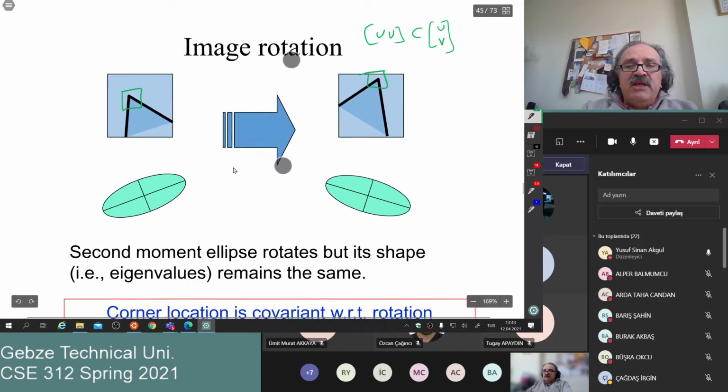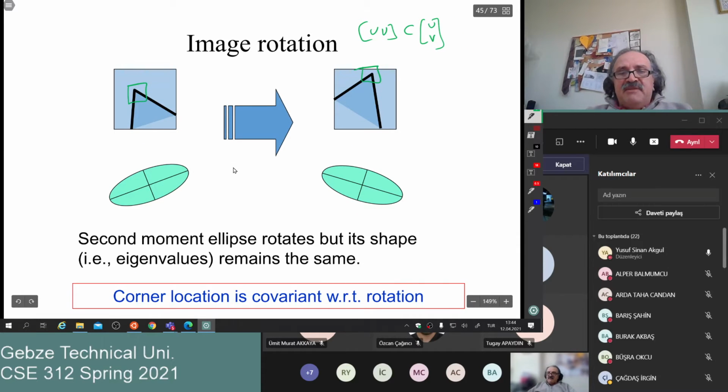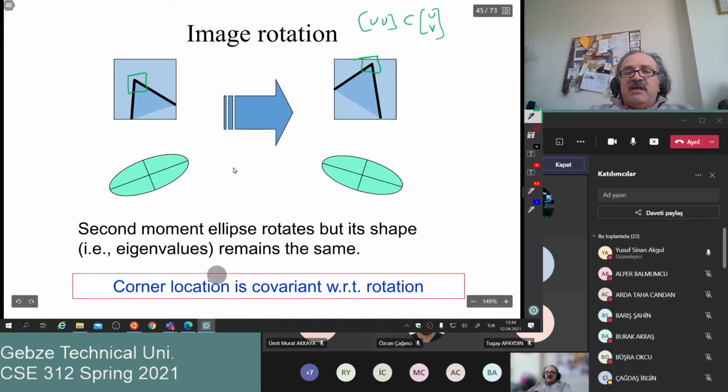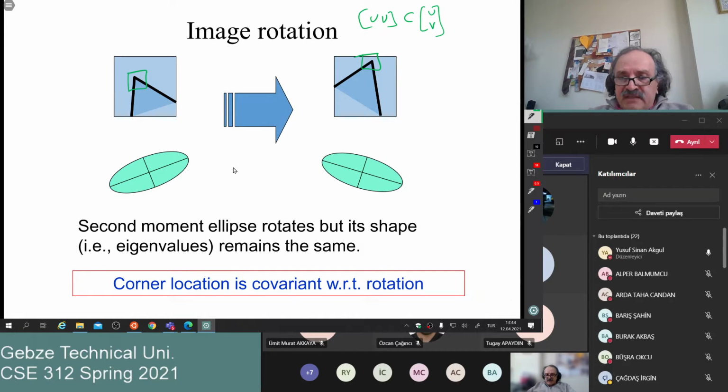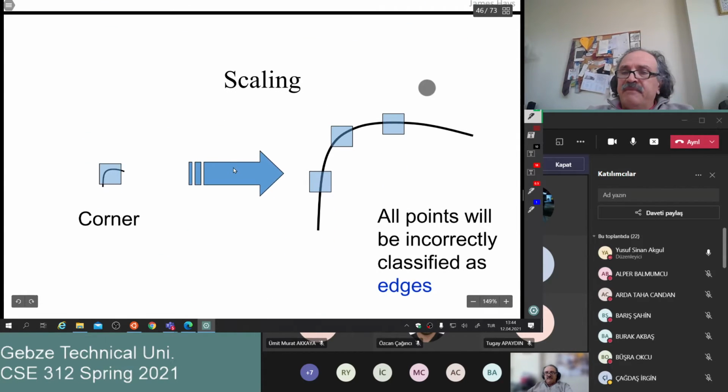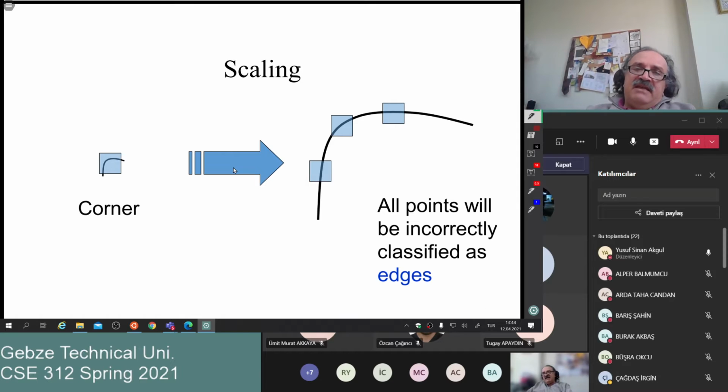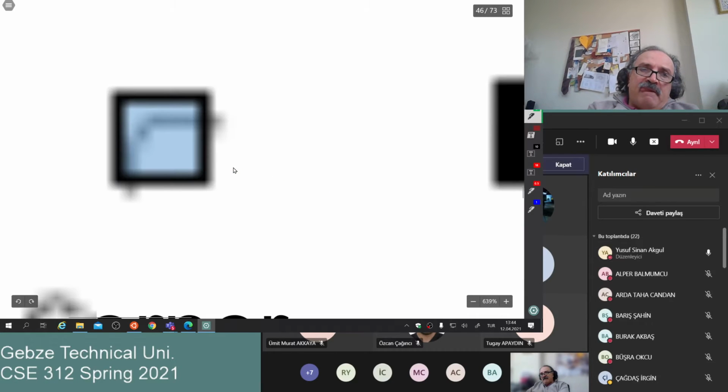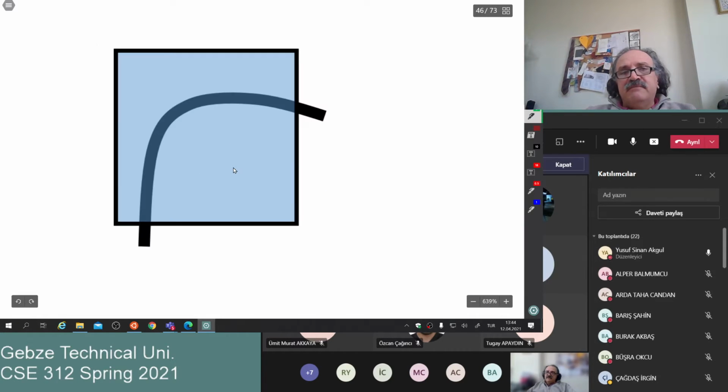So rotation, we are okay. Second moment, ellipse rotates, but its shape remains the same. So Harris corner location is covariant with respect to rotation. So I can find it, no problem. But when it comes to the scaling, for example, this is my corner.